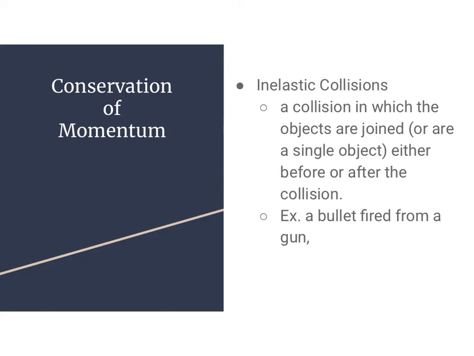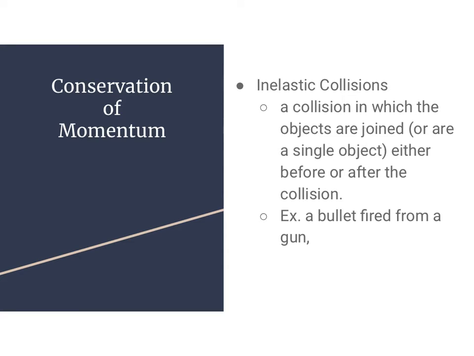And then the other side of that would be when objects start as a single object or a single system, and then after the so-called collision, they become multiple objects. So a bullet fired from a gun is an example of this, where the bullet and the gun are essentially a single object before the bullet is fired, and then the collision is the firing of the bullet, and at that point they become two separate objects.